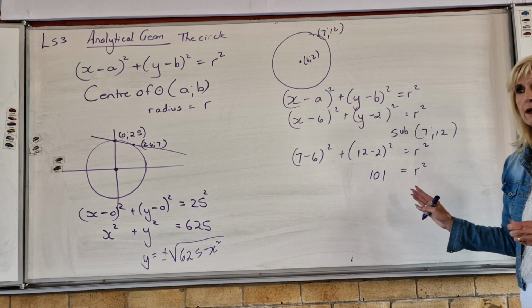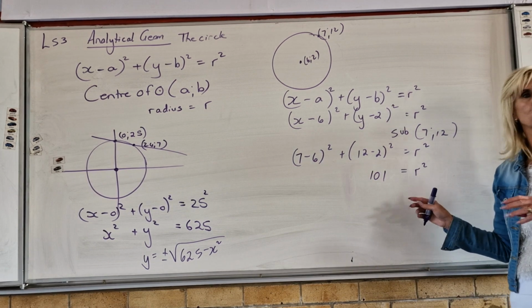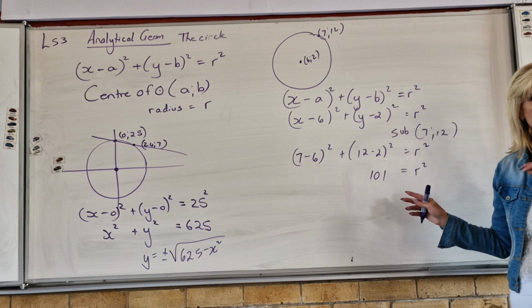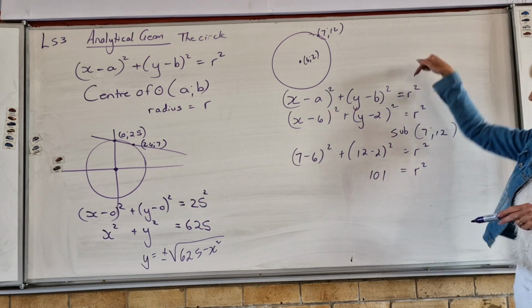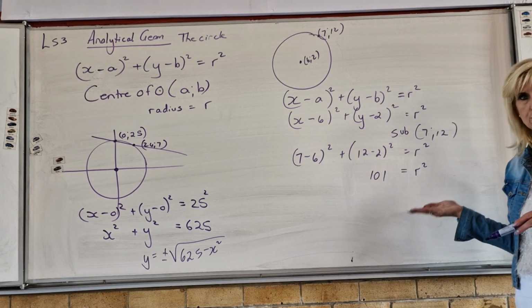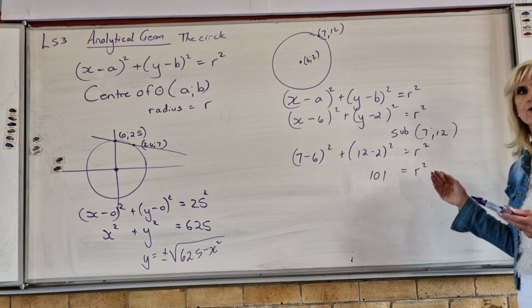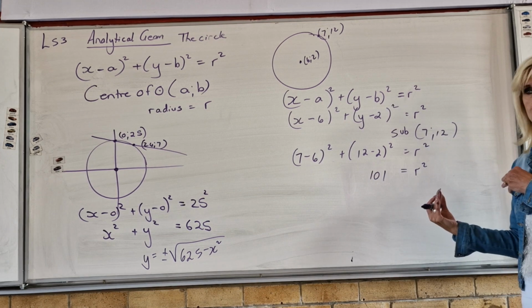Alright, now, what is the radius then? Square root of that, which will be 10 comma a little bit. Do I need the radius though? I need r squared, and I've got r squared. So you don't have to tell me therefore the radius will be 10 comma whatever. It's fine if you do, but you don't have to.